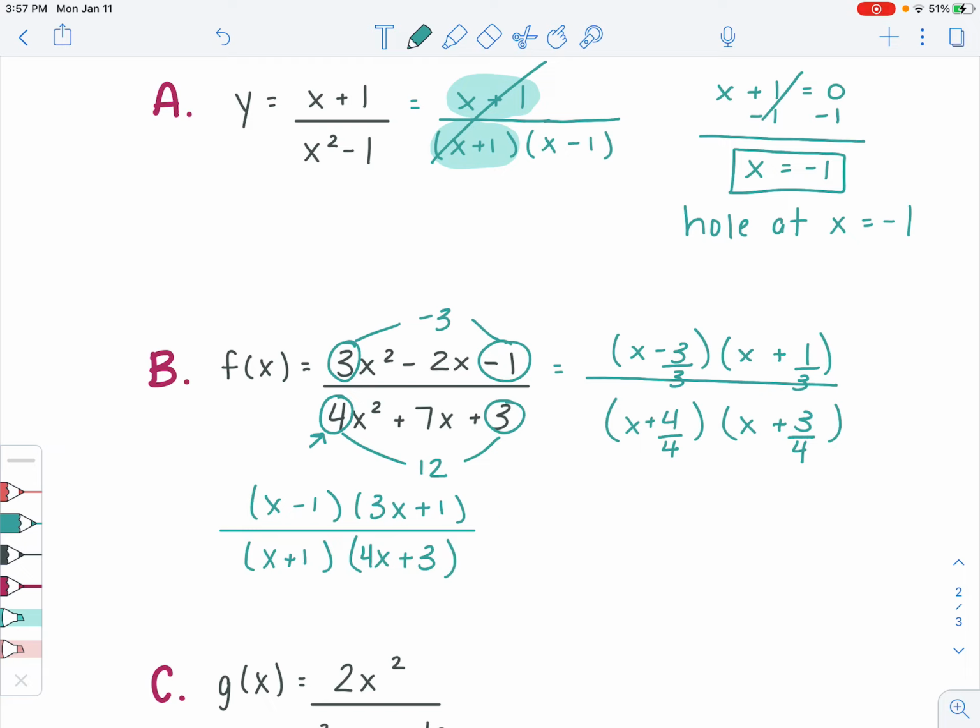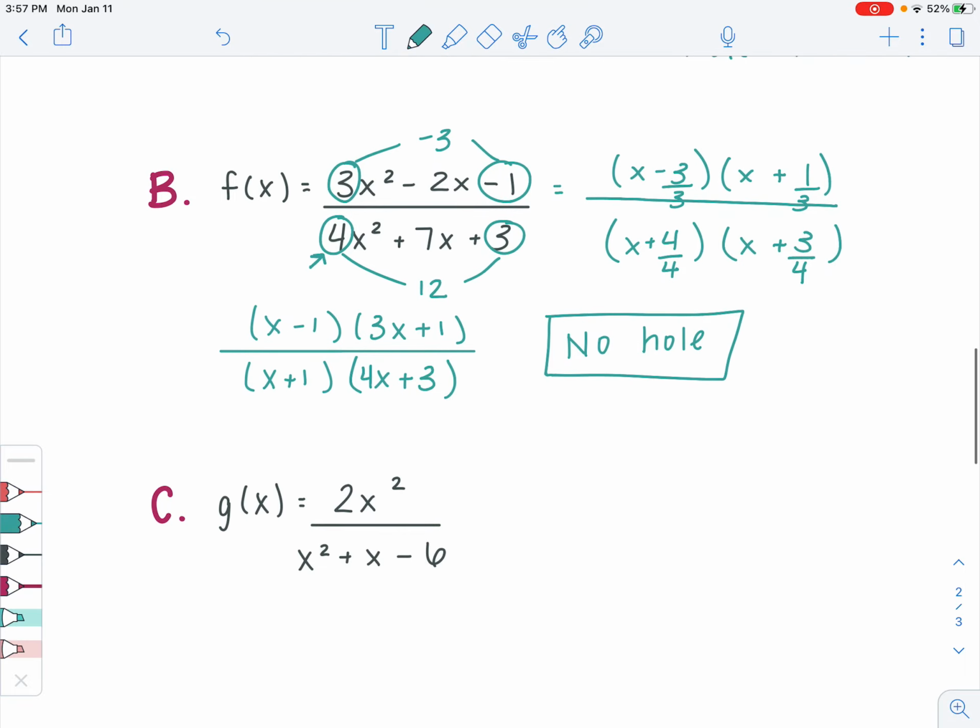I then notice that there is nothing that's the same. I have kind of similar factors here, which they were probably trying to trip me up with if I didn't factor this correctly. But nothing there is exactly the same. So because nothing is the same, this function has no hole. There's nothing that I can cancel out, nothing for me to set equal to 0, so there is no hole there.